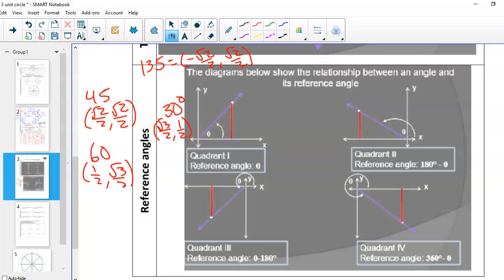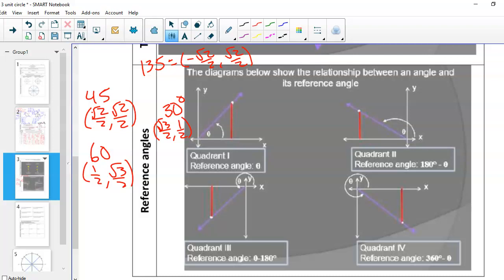Let's do this again though. Pick an angle in the third quadrant, degrees or radians. 7 pi over 6 is 210. So 210 minus 180 is 30 degrees. 30 degrees is this. What's positive in the third quadrant?